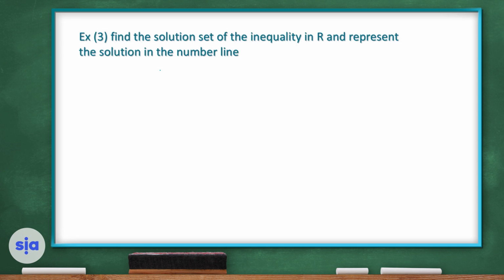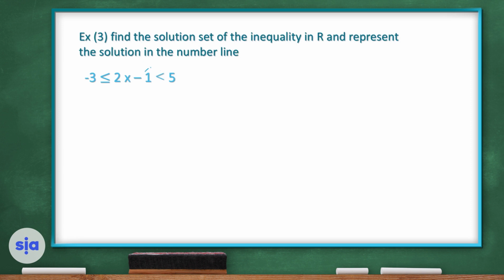Exercise 3. Find the solution set of the inequality in R and represent the solution in the number line. Negative 3 is less than or equal to 2x minus 1, and this is less than 5. In order to make x alone in the middle, whatever you move from the middle, we move it to both sides.